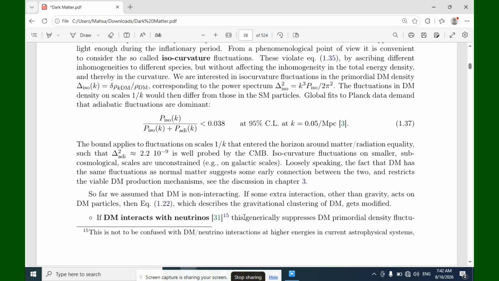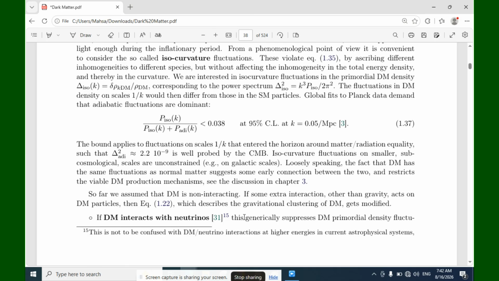The bound applies to fluctuations on scales 1 divided by k around the horizon at matter-radiation equality, such that Δ_adiabatic² equal to 2.2 times 10^-9 is well probed by the cosmic microwave background.